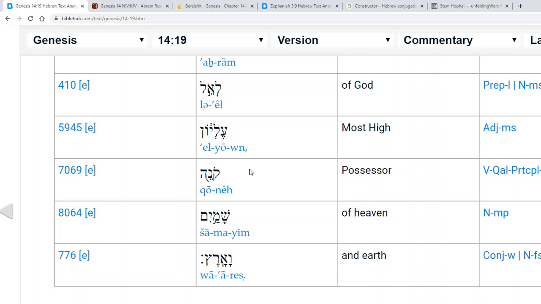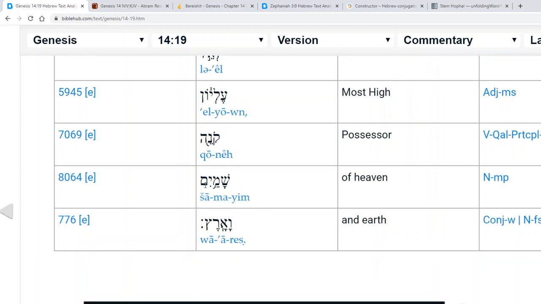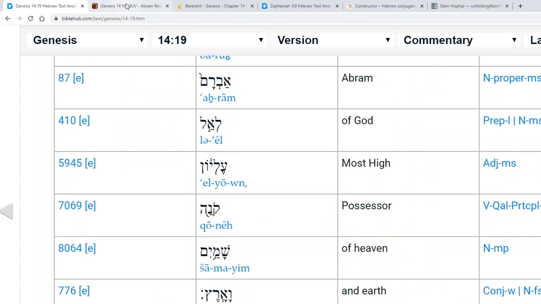We refer to God as the possessor, the one who acquires, who keeps, maybe I would say. Shamayim, meaning heavens, is always in the plural in the Hebrew. Va'aretz, so conjunctive vav, and aretz means land. We've had it so many times. Okay.